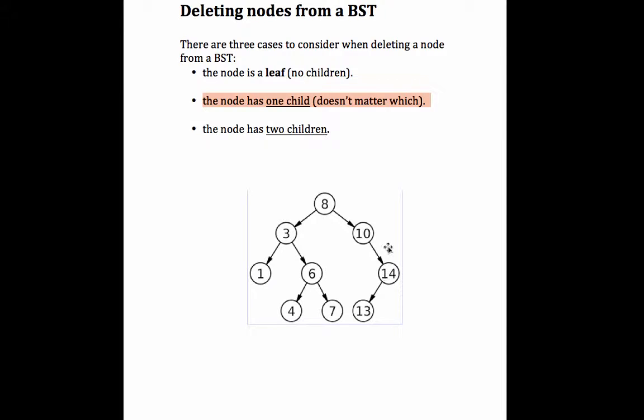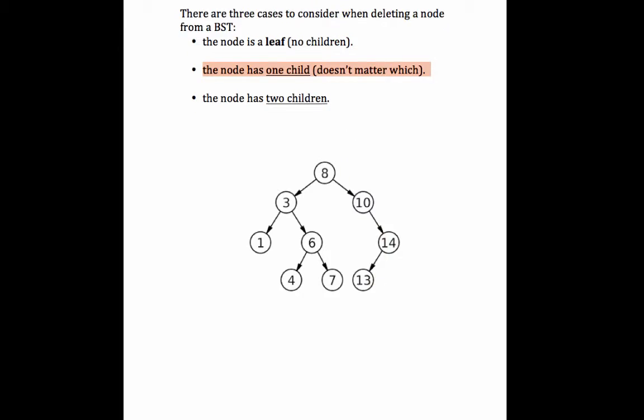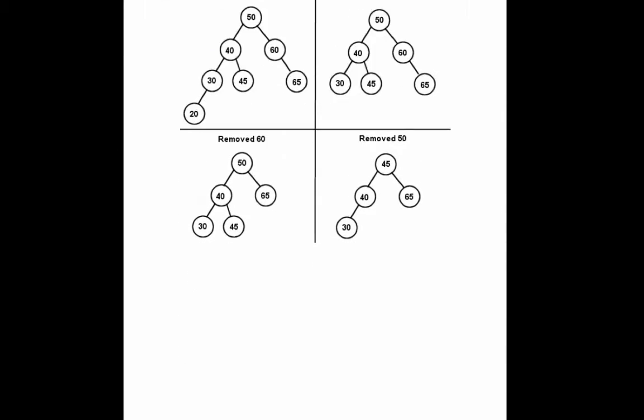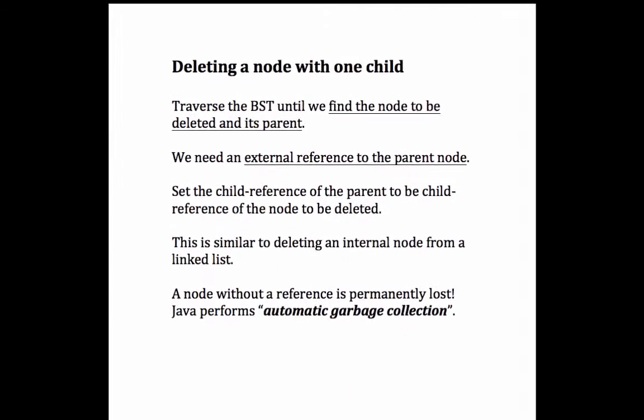So again, this is like a linked list that starts with 10 followed by 14 and ends up with 13. So to delete 14, all we have to do is to bypass the node 14 and connect the node that has 10 with the node that follows 14, which in this case is 13. So we're bypassing 14. So let's go over the rules on a different diagram. The first step is going to be exactly the same.